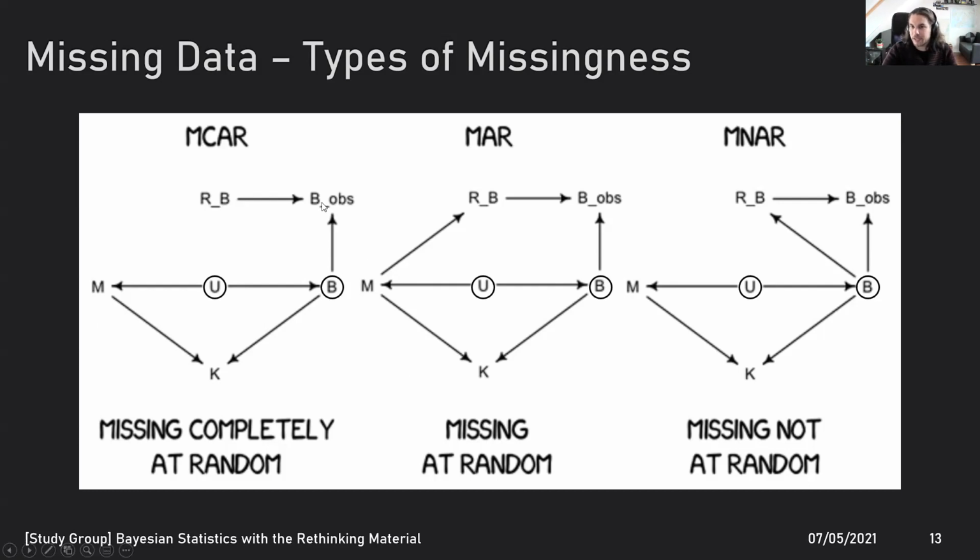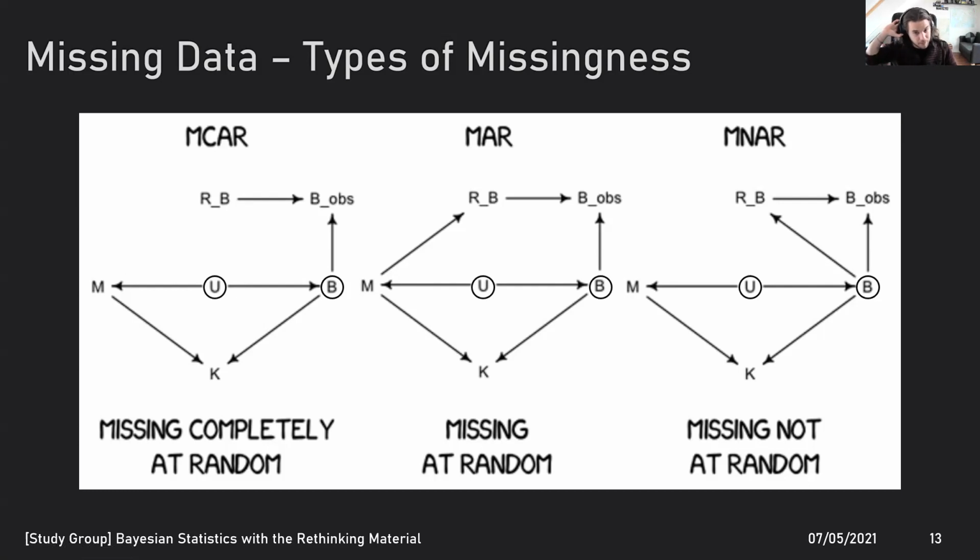And the observed brain sizes are simply driven by the true brain sizes and the process that leads to some of them missing. Now, when we go to missing at random, we can already see that missing completely at random would not give us any problems, because this process here is completely random and there's nothing that we can do to approximate that one.